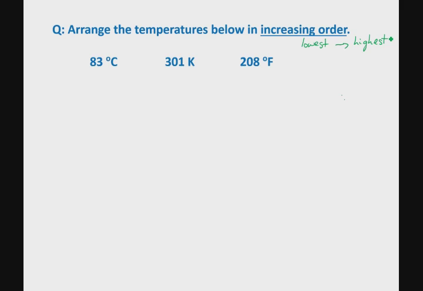I chose degrees Celsius. To convert 301 Kelvin to degrees Celsius, I would need to subtract 273.15 from that, which gives me 27.85 degrees Celsius. And when I'm converting degree Fahrenheit to degrees Celsius, I would once again subtract 32 from this first and then divide by 1.8.